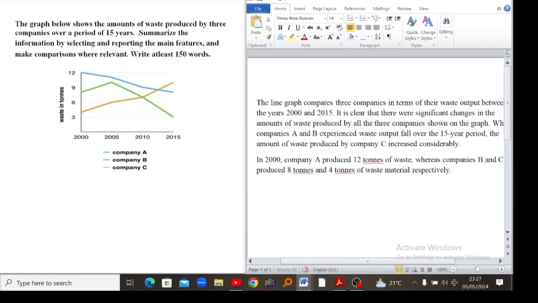Stop. So here we see that in 2000, company A had 12 tons, whereas B and C produced 8 and then 4 tons respectively. Actually, we would have said produced about, because we're not sure of these two figures.